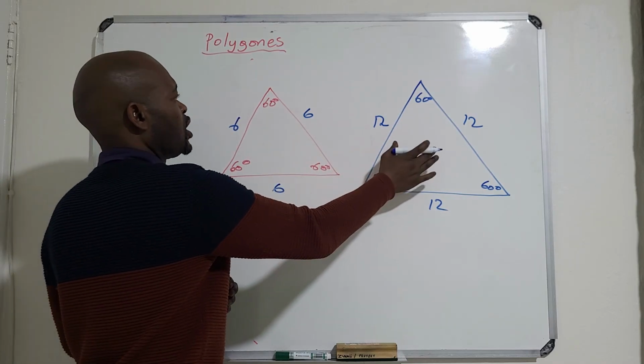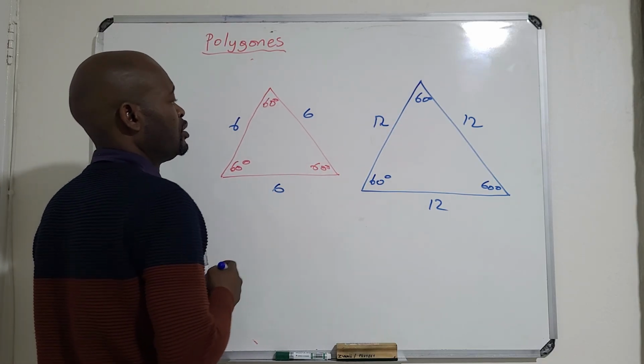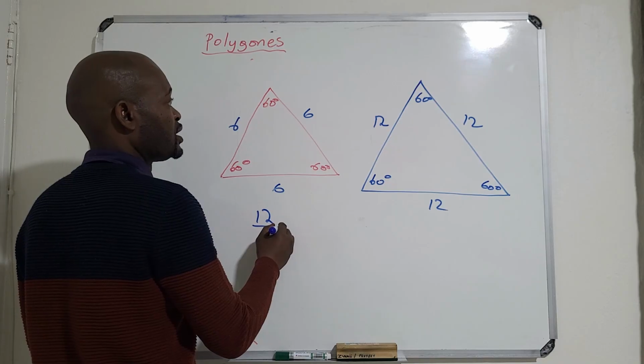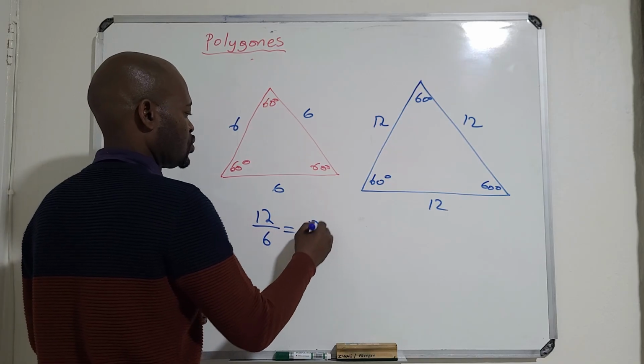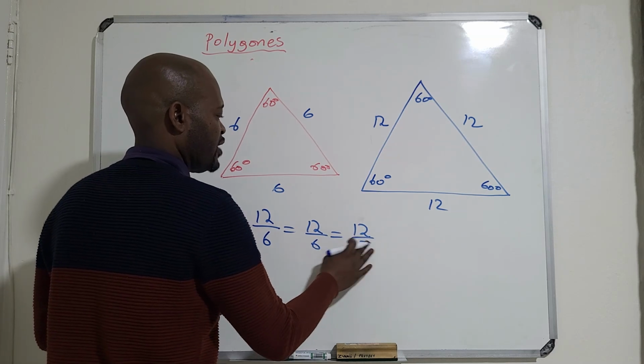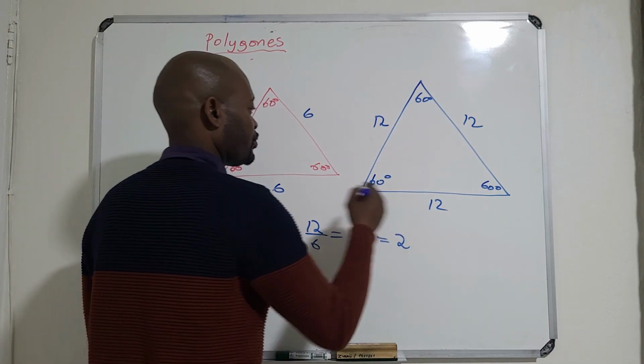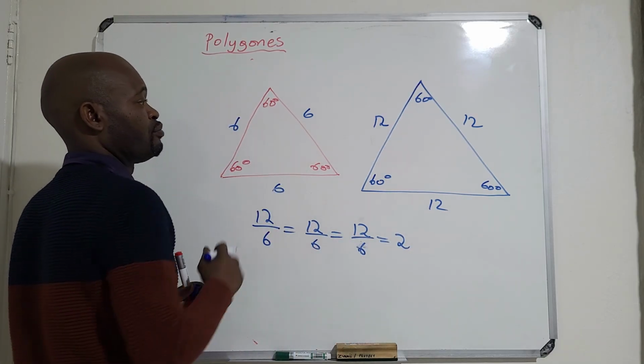Therefore, you can see an equilateral triangle sides are in proportion, because 12 divided by 6 is equals to 2. Therefore, sides are in proportion.